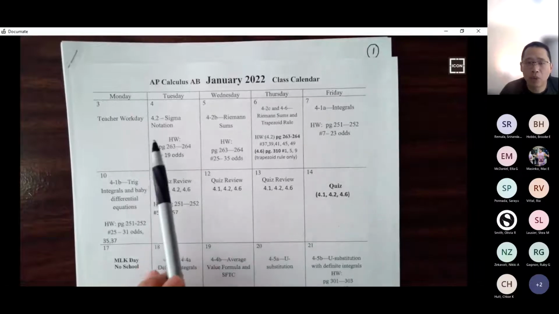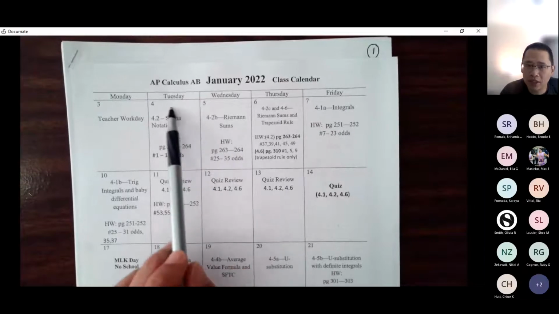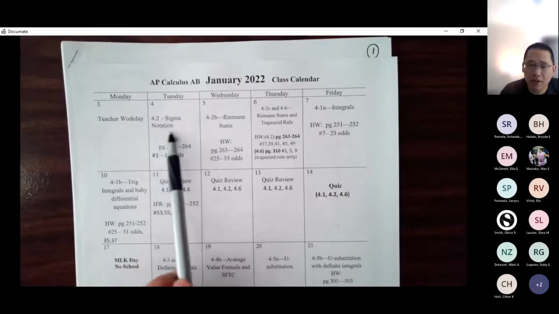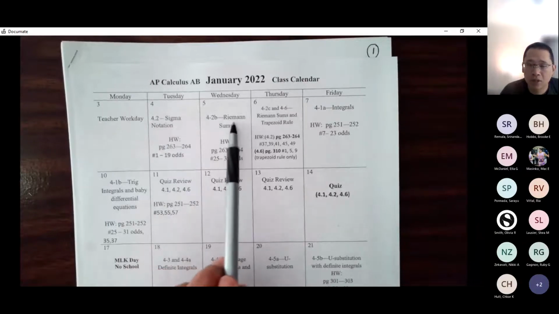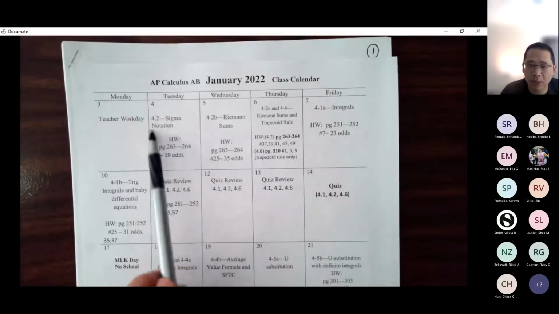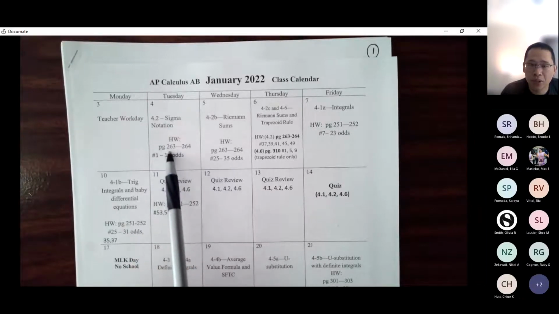We're going to be starting off with approximation of area under a curve, but really today is just learning about some of the underlying tools that we need to find those approximations Wednesday and Thursday. So today we're just going to be learning about sigma notation, getting practice with those summation rules.